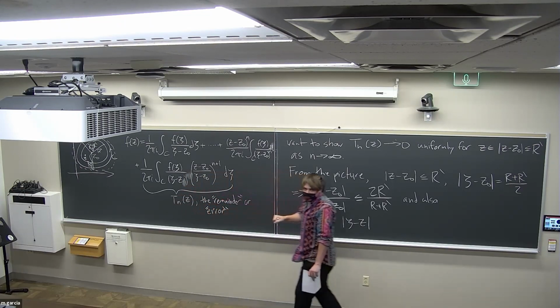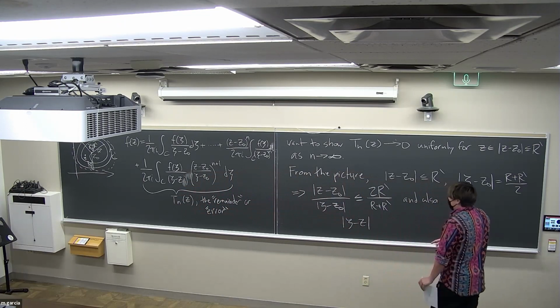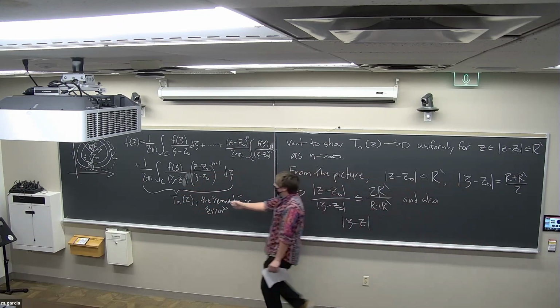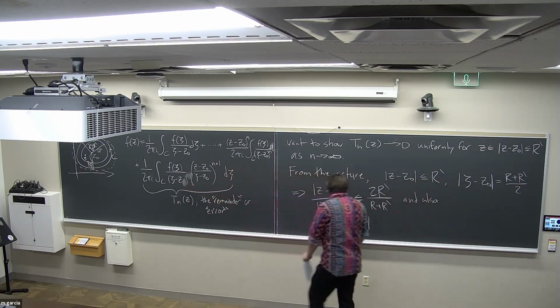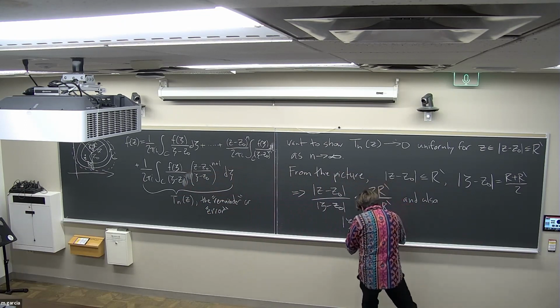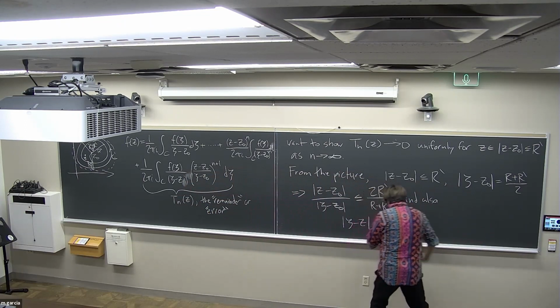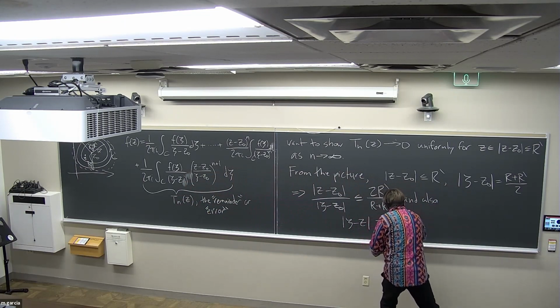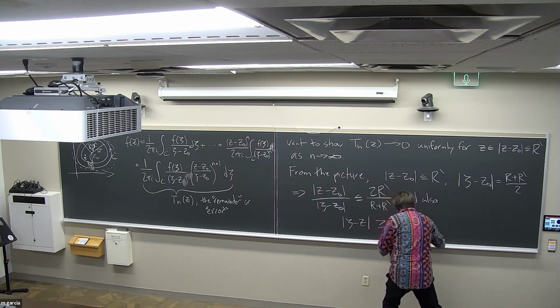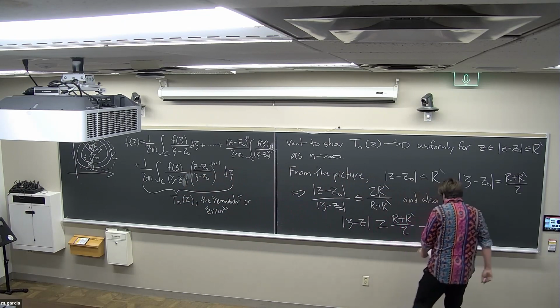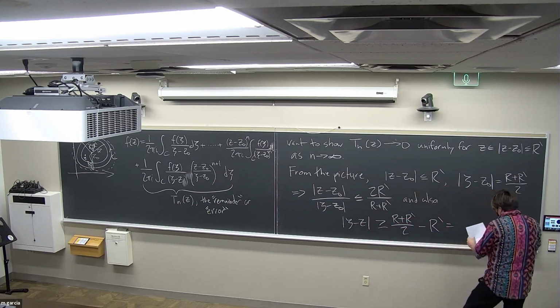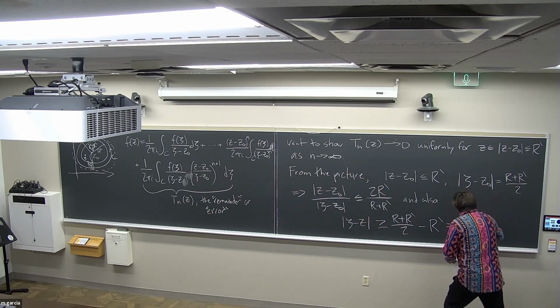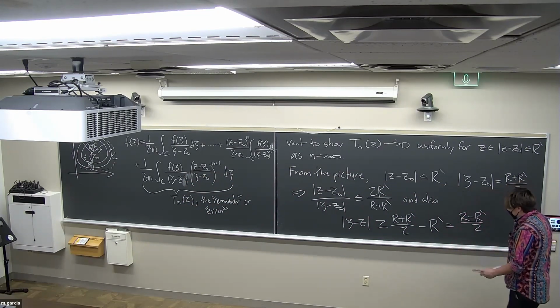Again, this term appearing inside the integrand has the following inequality related to it, which, just by algebra, is r minus r prime divided by 2. Where does this inequality come from?